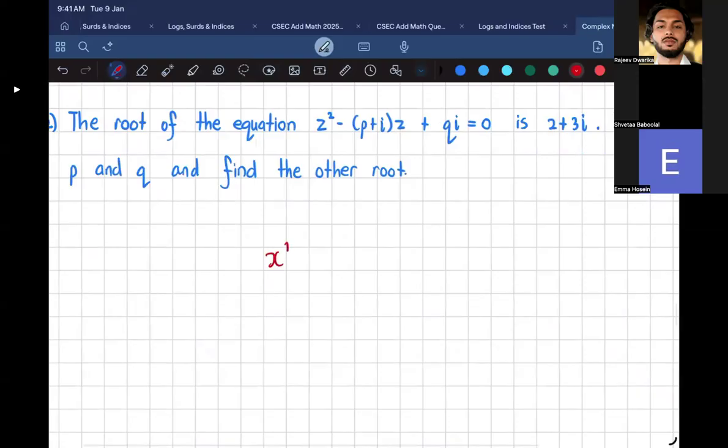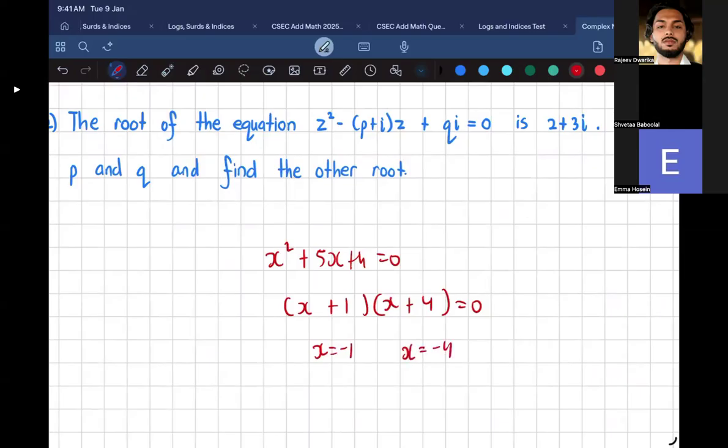Let me give you a very simple example. If I had x squared plus 5x plus 4, to find your roots, you would write x plus 1 and x plus 4, and then you would say x is equal to minus 1 and x is equal to minus 4.